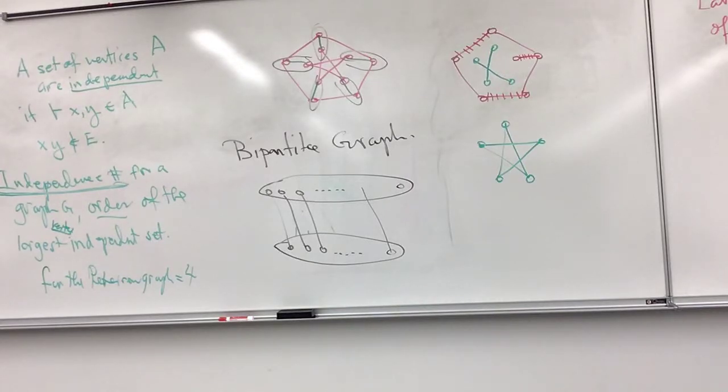This one is AB, and CB, and AB, and CD. So there's two B's. So we have to say that's not a matching, because they're adjacent. You share a vertex.